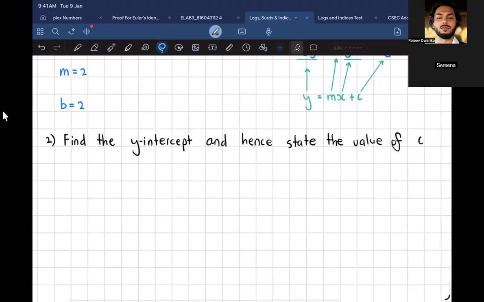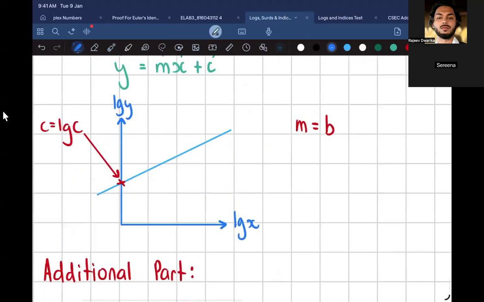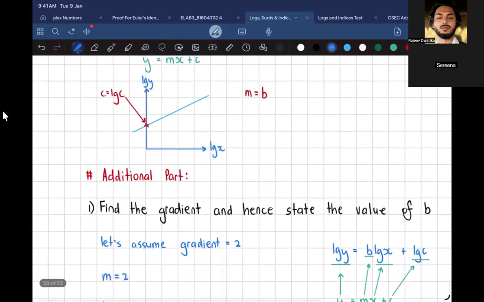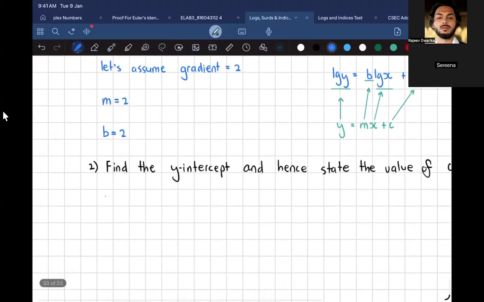All right. Now they want us to find the y-intercept. So if we're looking at this little sketch, we could assume it's probably like 3 or something, right? Let's assume the y-intercept was equal to 3.